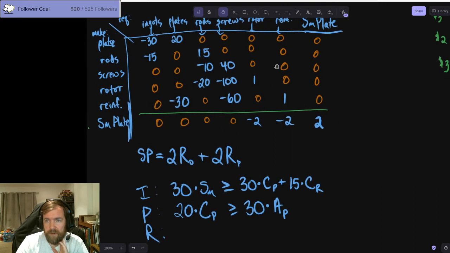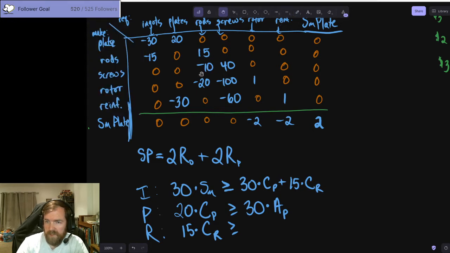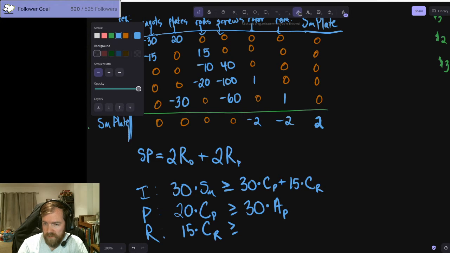If you guys see anything that I'm blatantly doing wrong, let me know. The number of rods produced is 15 times the number of constructors devoted to rods, which must be greater than or equal to the things that use them: 10 times the number devoted to screws.